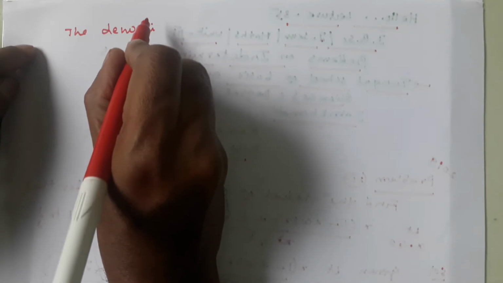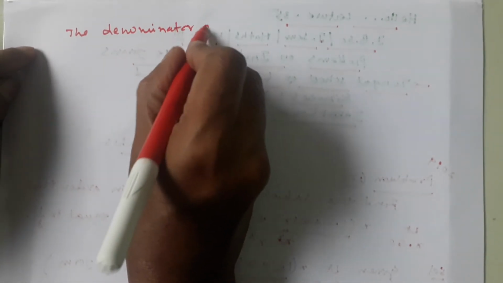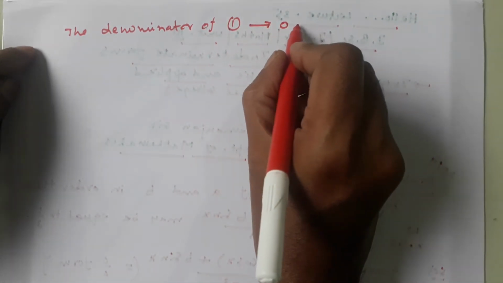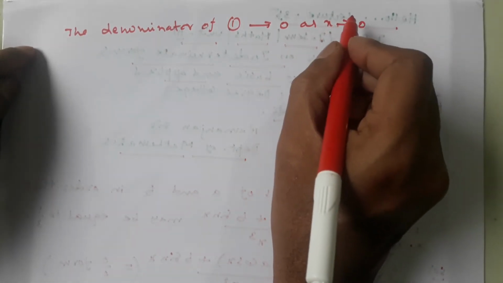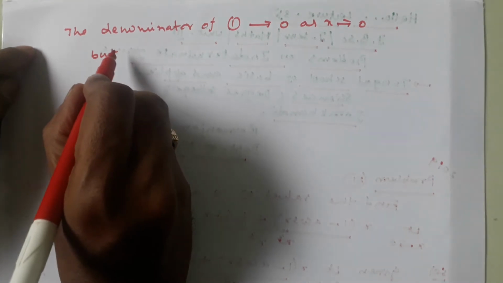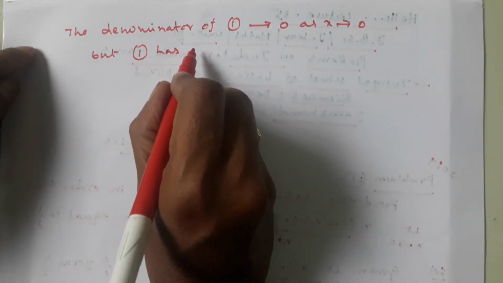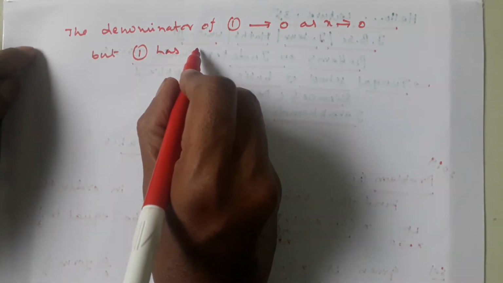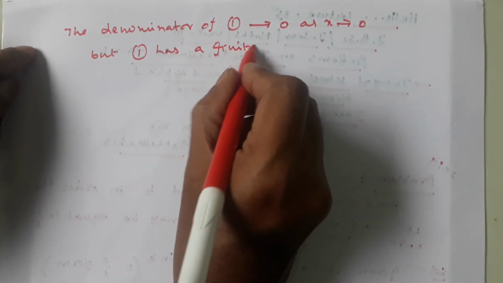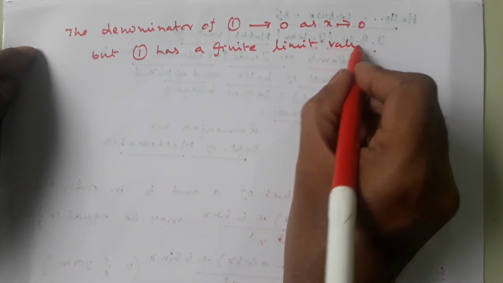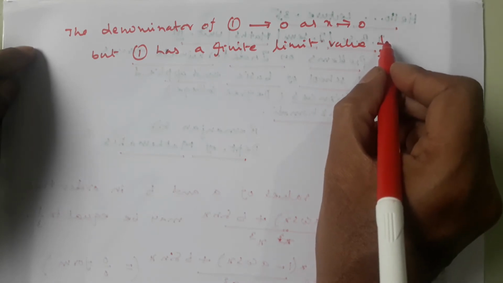Now the denominator of 1 tends to 0 as x tends to 0, but 1 has a finite limit value 1 by 3, that is given.